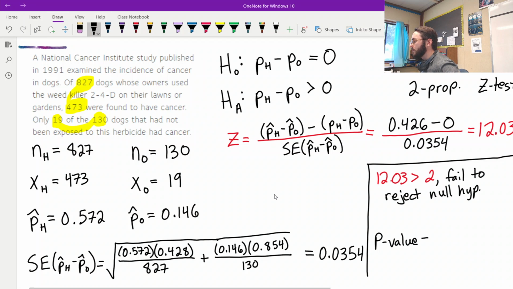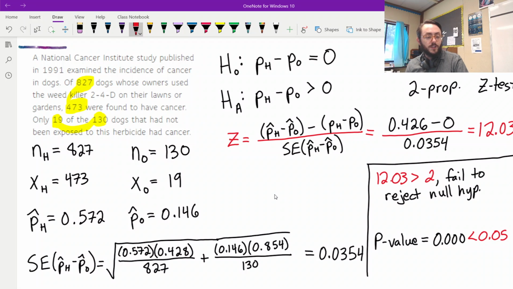So in this case, we would simply say that the p-value equals 0.000, which is obviously less than 0.05. And so because of that being less than our 5% cutoff, from our 95% confidence, yeah, wow.